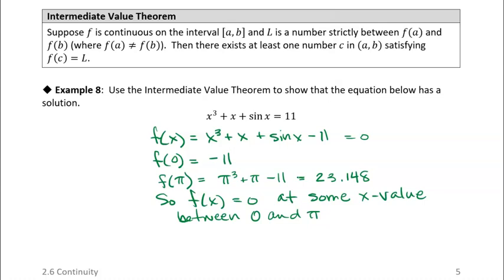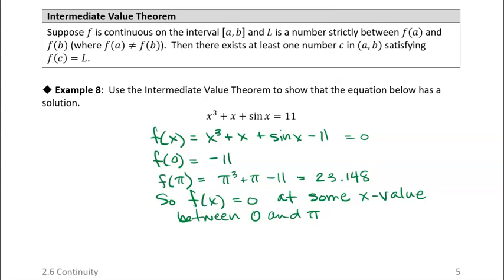Okay, and at that point, whatever that is, then this equation will be satisfied. So there is a solution. We're just trying to show that there exists a solution, right?